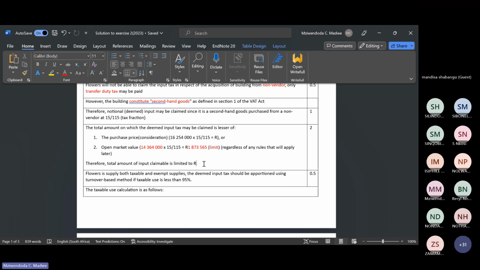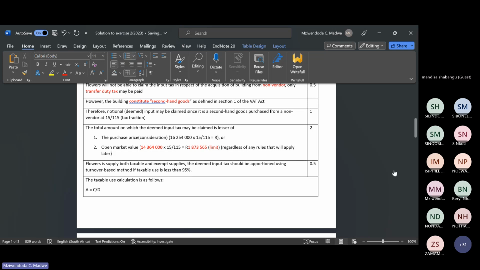There are other rules that we are going to apply later on, but you have to remember that regardless of those rules, my final claim or my total claim on notional input tax should be limited to 1,873,565. This is my limit. You have to remember that. Then now I am going to another one, which is very important here.